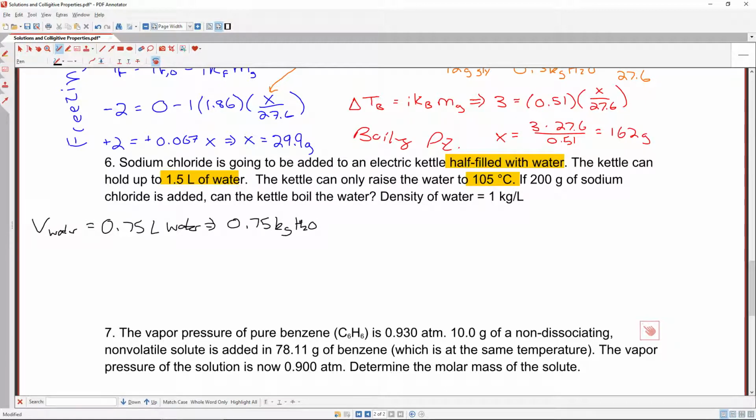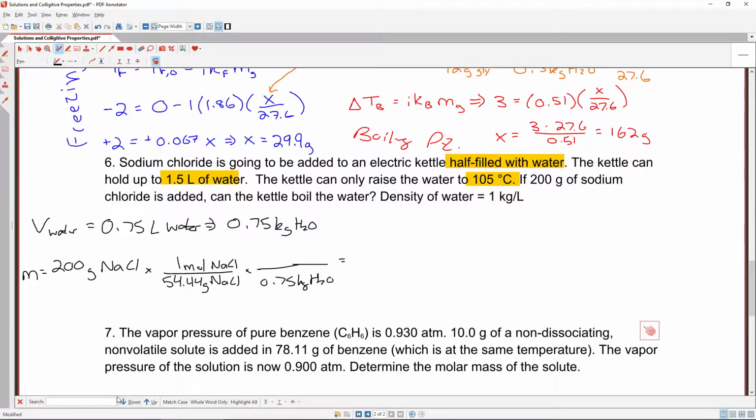Okay, so we have 200 grams of sodium chloride. So let's convert that to moles, right? 200 grams NaCl times 1 mole NaCl per 54.44 grams NaCl. And let's go ahead and calculate the molality. Moles NaCl per kilograms H2O, right? So this is m.